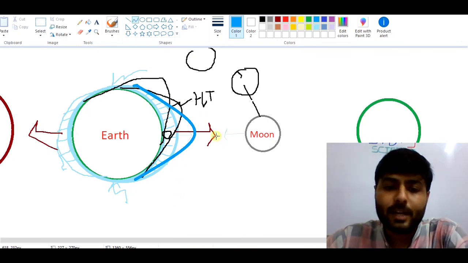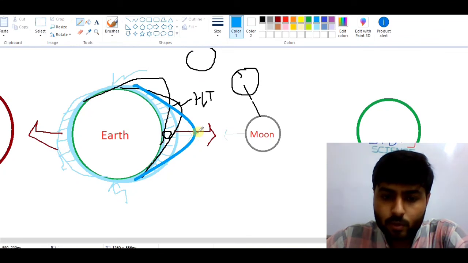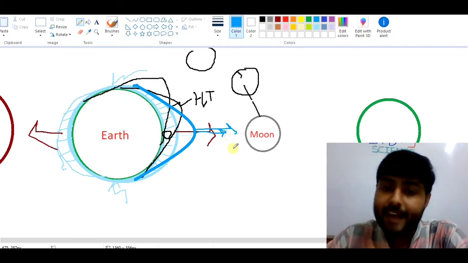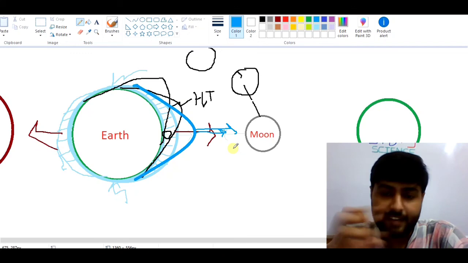Why? Because here the moon also tries to pull this water in this way, and sun also tries to pull this water in this way, which means there is an addition in force of gravity.